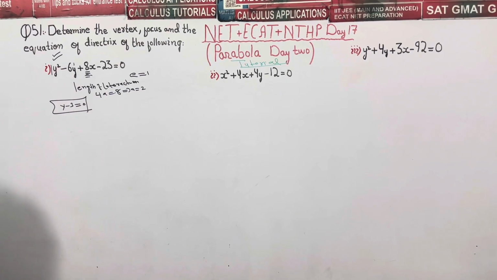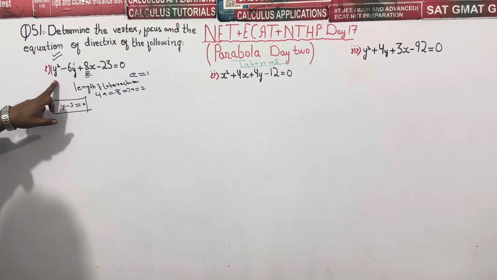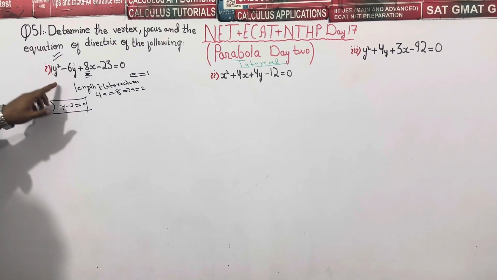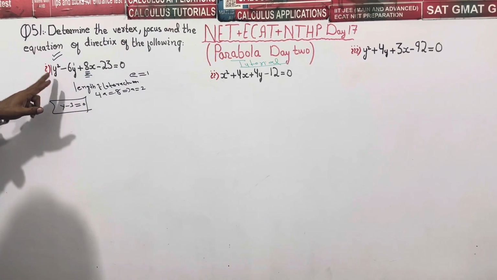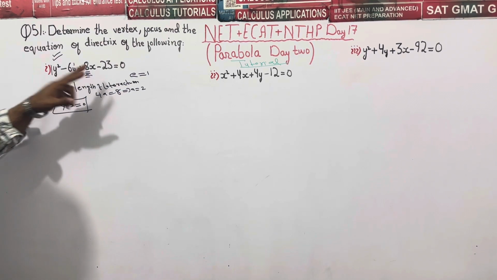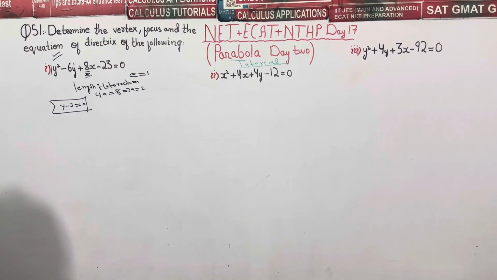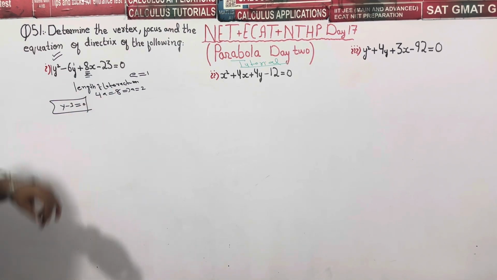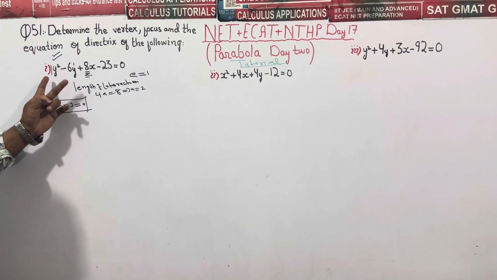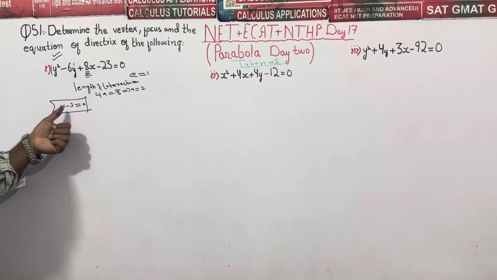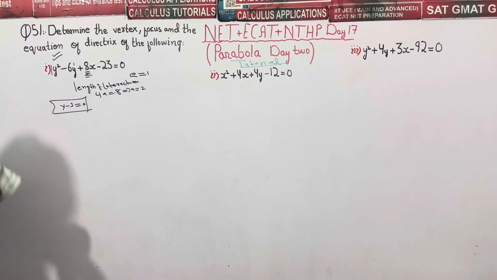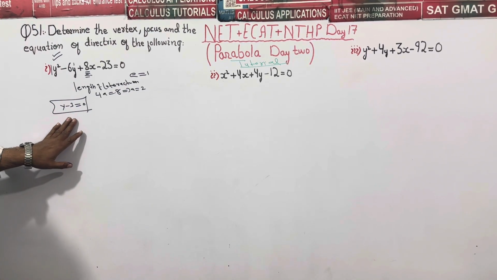The equation itself we can guess: a square in either x or y is the equation of a parabola, provided that there is no term involving xy. If the square is in y with coefficient positive 1, whatever is the coefficient of x is the length of latus rectum, the value of 4a. Look at this, y square minus 6y: take the coefficient of y power 1, divide by 2, and without the square, y minus 3 is taken as the line of symmetry.